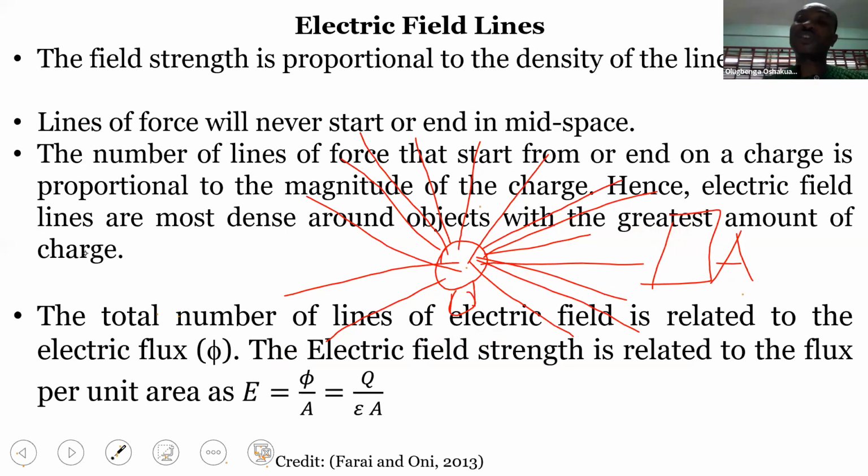If I have a unit area, I can count the number of lines and say that the flux is increasing or reducing based on the location from the charge. Anyway, we would see some diagrams that show us better. The flux divided by area gives us information about the electric field, and flux, which is phi, can be defined as the charge over epsilon.